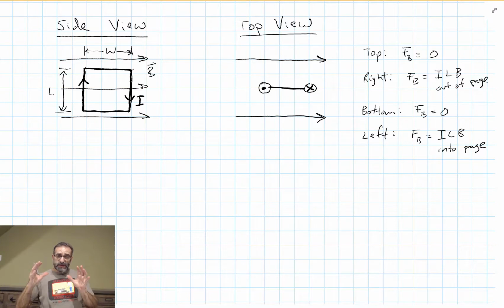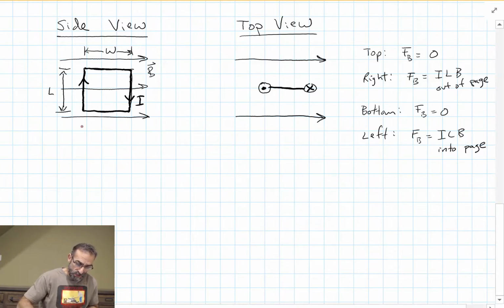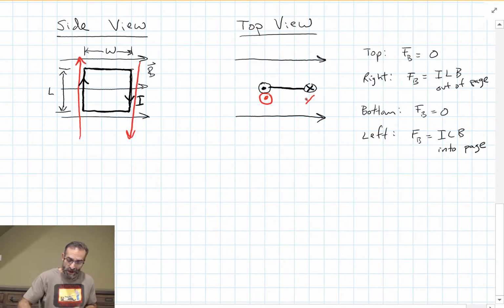And if we twist this view around 90 degrees and look down from the top, we can see the current coming up this side is coming toward us. And the current going down the right side is going away from us when we're looking down from the top at this loop of wire.